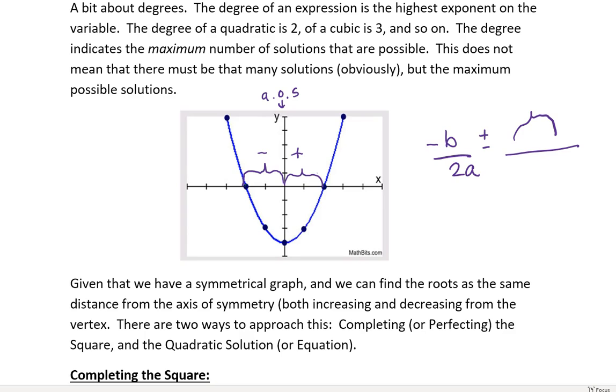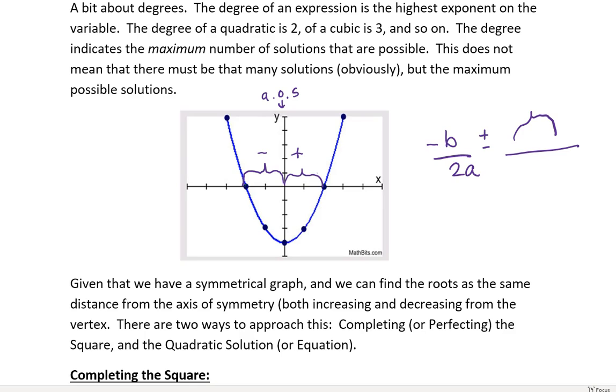So we have something that's both the plus and the minus distance from the axis of symmetry, right? Remember this gives us our axis of symmetry, or the x value for our vertex.